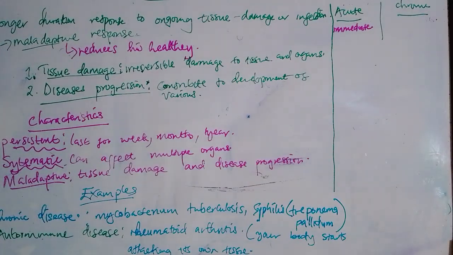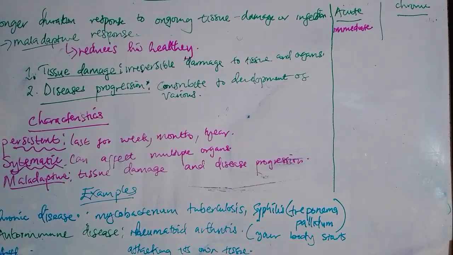Then the third example is allergic disease. For example, we have asthma. So asthma is one of the examples of chronic inflammation.